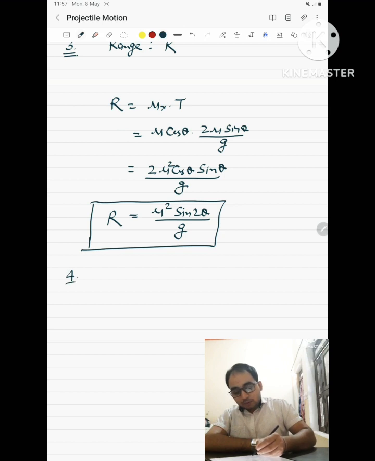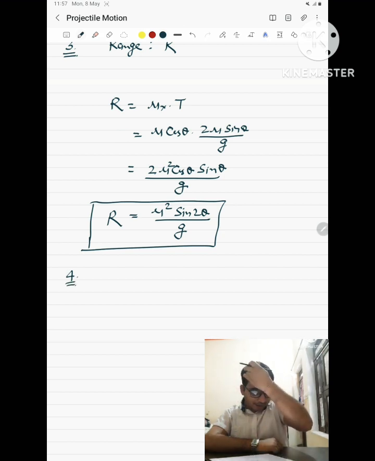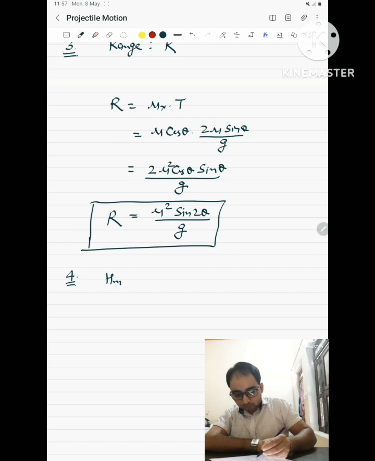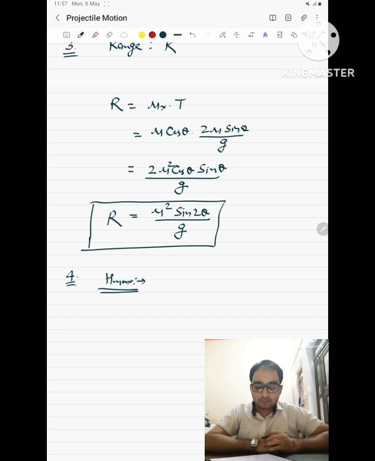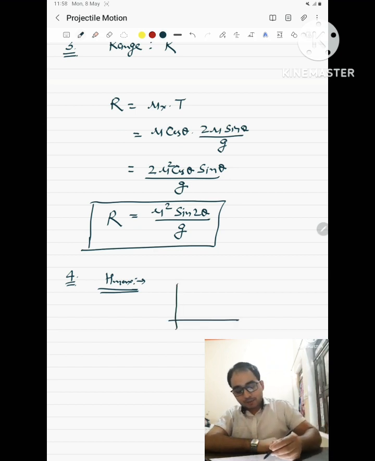Now the next thing is h max, or the maximum height that a particle will achieve. Again we can see that at maximum height the particle is moving in this direction, so the velocity component in y direction is 0, so vy is 0.